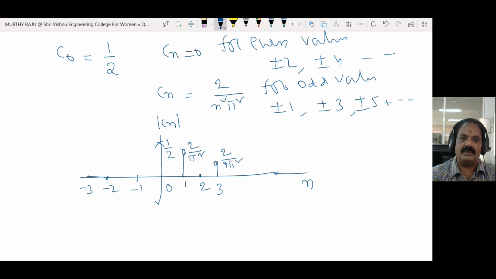Here also 2 by 9 pi square. Here 2 by pi square.